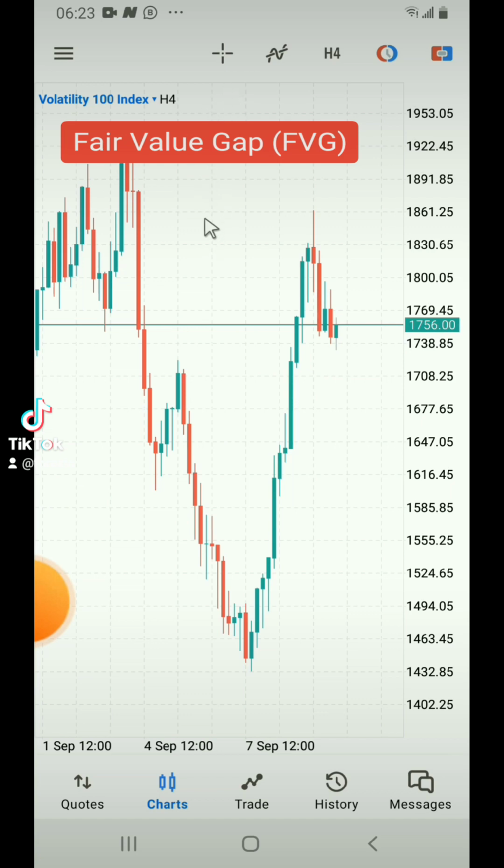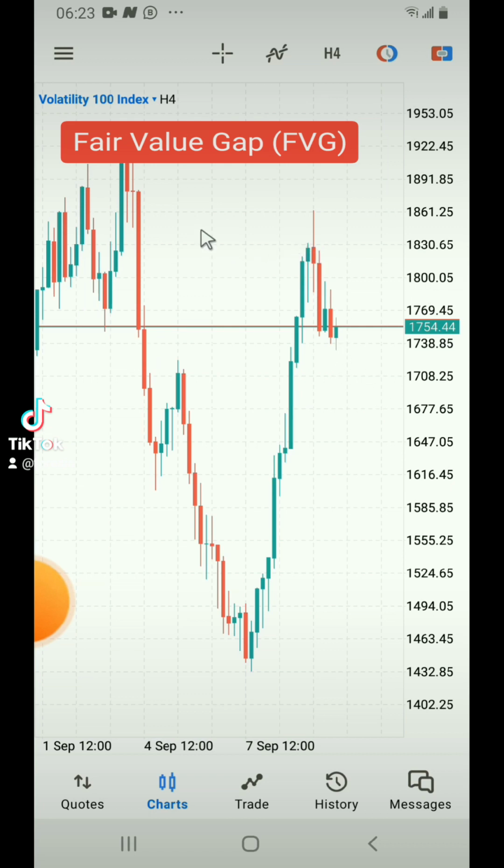When you are looking for a fair value gap, there are 3 consecutive candles you need to look at. Just like if you look at this candle, 1, 2, 3, then you look at this other one, 1, 2, 3.